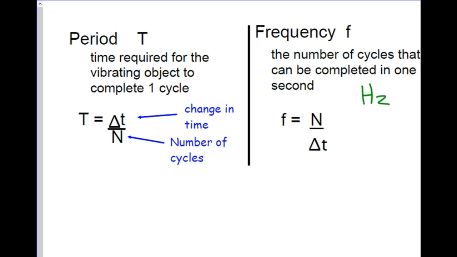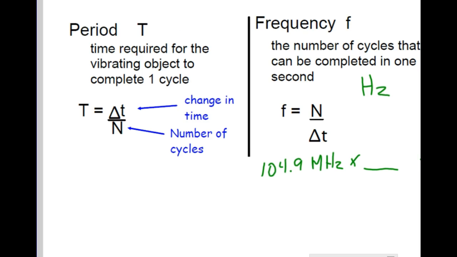If it says that you have 104.9 megahertz, we need to convert that to get hertz. So we have what we need over what we have. Do you know how many base units are going to make it?